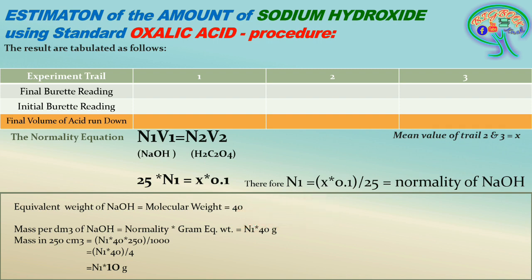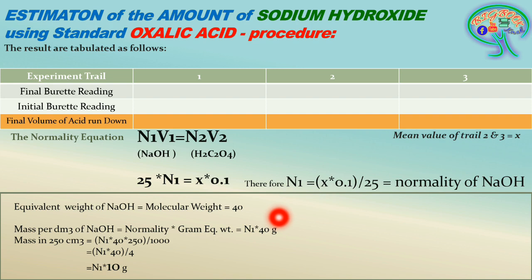As we have mentioned, a decimeter cube is equivalent to 1 liter of the volume. If you consider 250 centimeter cube, that will be 1/4 of the volume. So this value will be further multiplied by 250 and divided by 1000.